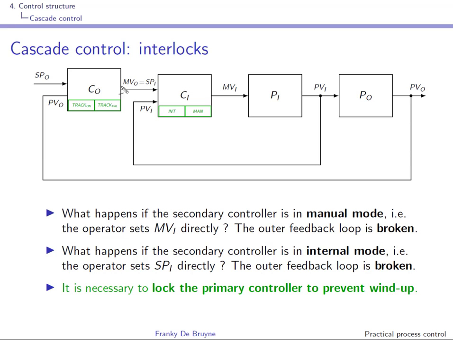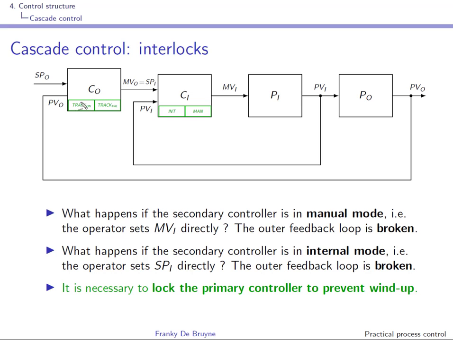Remember that a controller comes with two inputs, track on and track val. Track on is a binary signal, so it's either 0 or 1. If it is 0, then this controller is simply operating in normal mode, so it's the PID algorithm that is active.